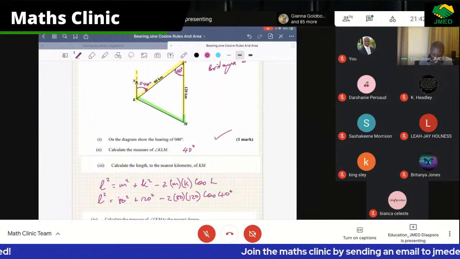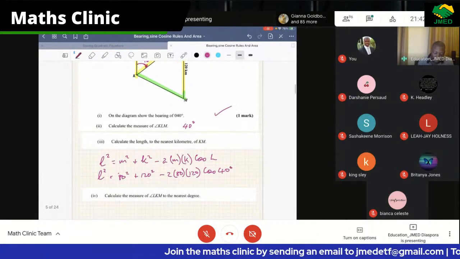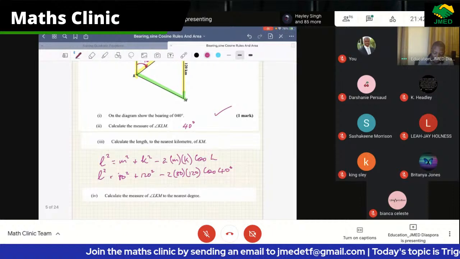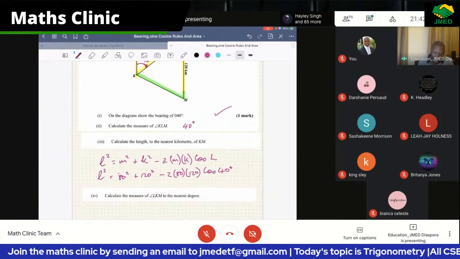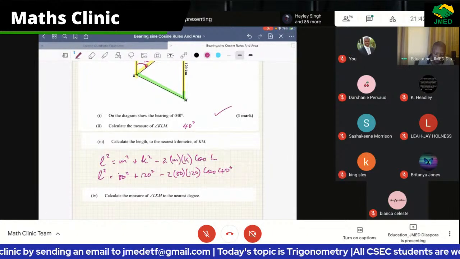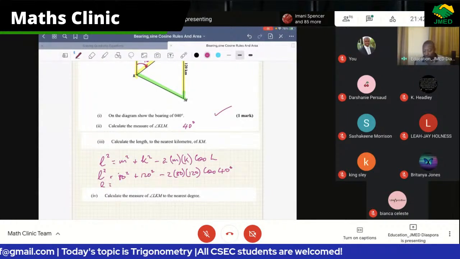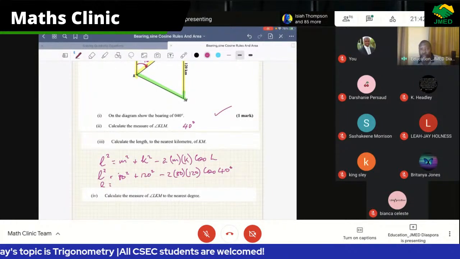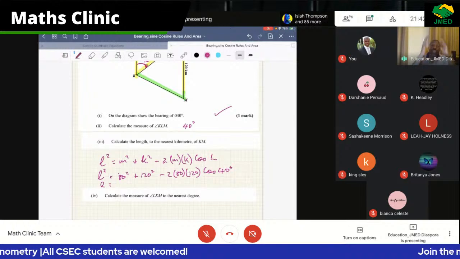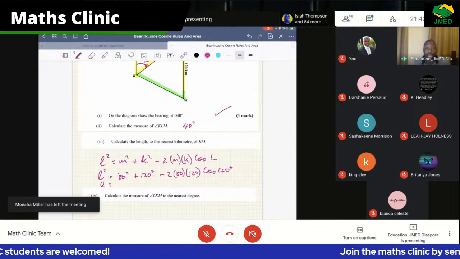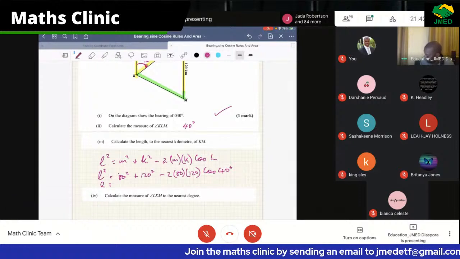If you put that all in the calculator, you could find L is equal to the square root of everything there. I have to go according to you because I don't have a calculator here. So tell me what you get for your answers.